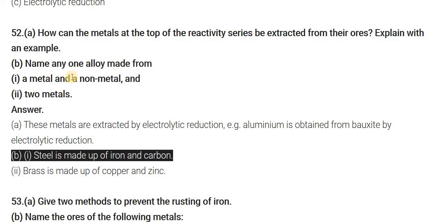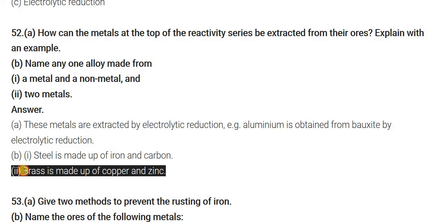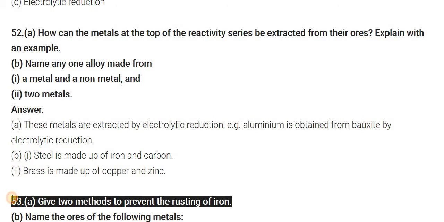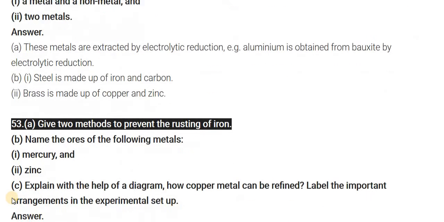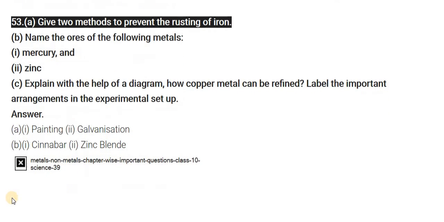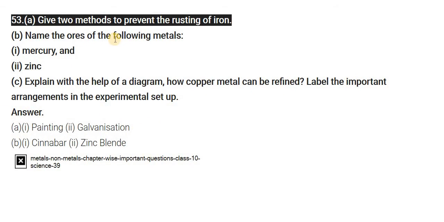The third question: the homogeneous mixture of two metals is brass. We already saw that brass is a homogeneous mixture of two metals, copper and zinc. Now let's move further. The 53rd question: give two methods to prevent the rusting of iron.